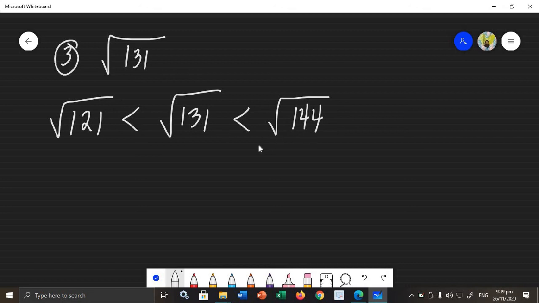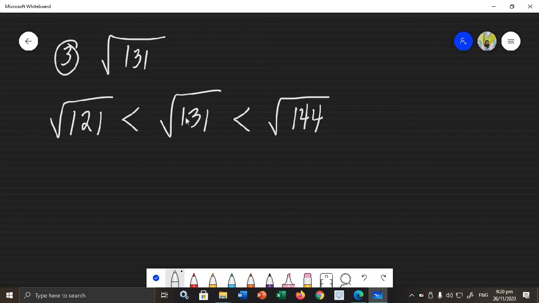So, between 121 and 144, saan kaya mas malapit si 131? So, you can subtract for you to know kung ilang units yung layo nila. So, 144 minus 131, yung units na layo nila is 13 units. How about 131 minus 121? 10 units lang dito.